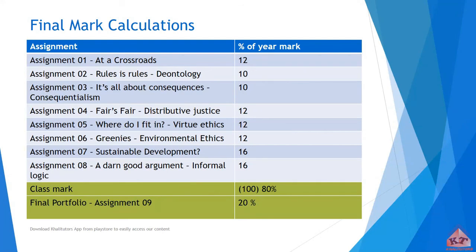Even if you have 100 for all of your assignments, if you fail to get 40% on your portfolio exam, you will not pass the module. The only time that your class mark is counted is when you get more than 40% on your portfolio exam. If you get less than that, you fail the module, your class mark will not be counted.